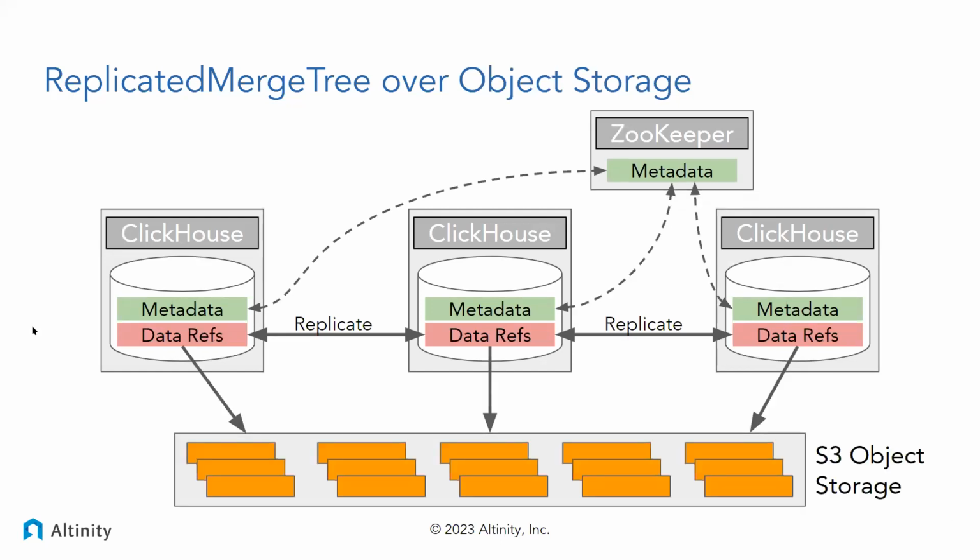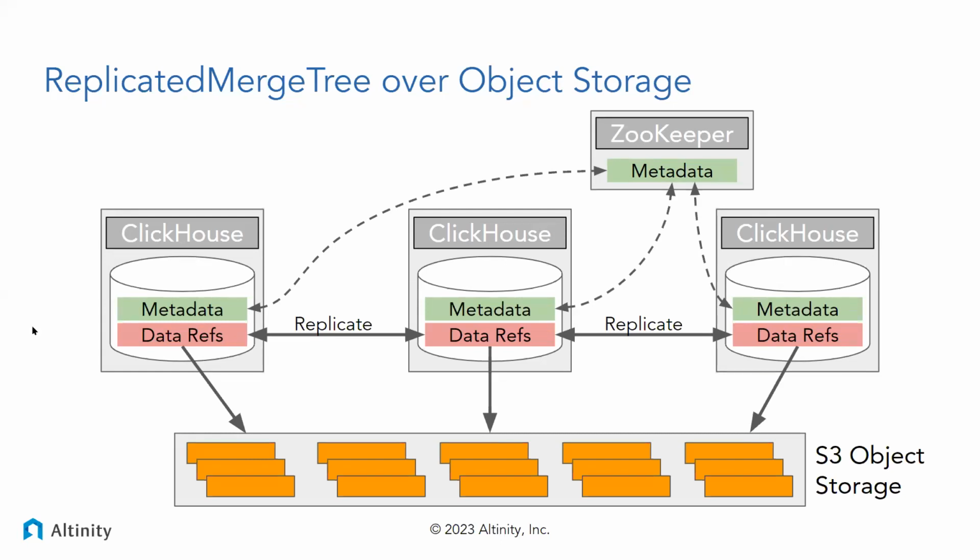It gets more complicated when we do things with object storage. Say we're just using S3 object storage and replicating, which is what this picture shows. You'll still have Zookeeper storing metadata. That's shared. But the data will no longer be stored on your disk. Instead, you'll just have references.